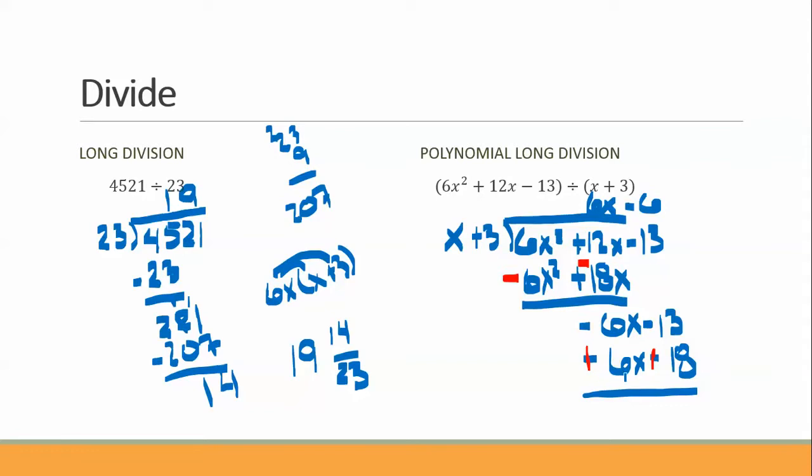Negative 6x plus 6x is 0. Negative 13 plus 18 is 5. So our answer for this one is 6x minus 6 plus 5 over x plus 3. This is the quotient and this is the remainder.